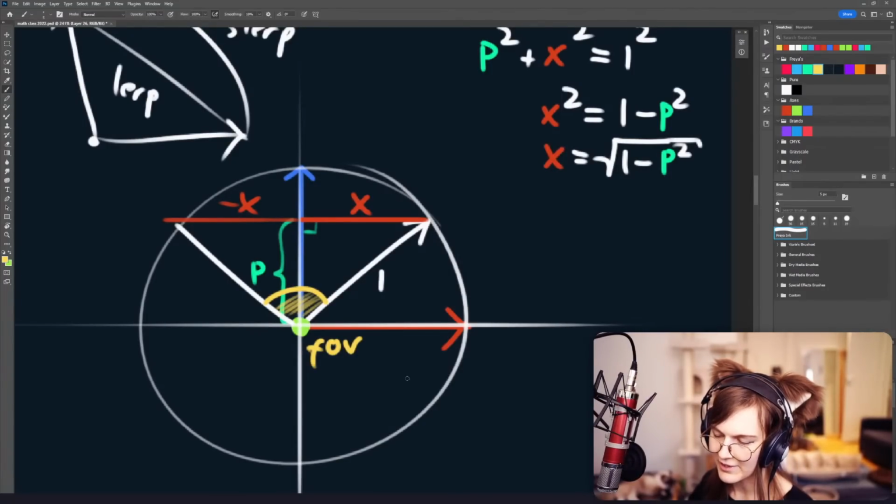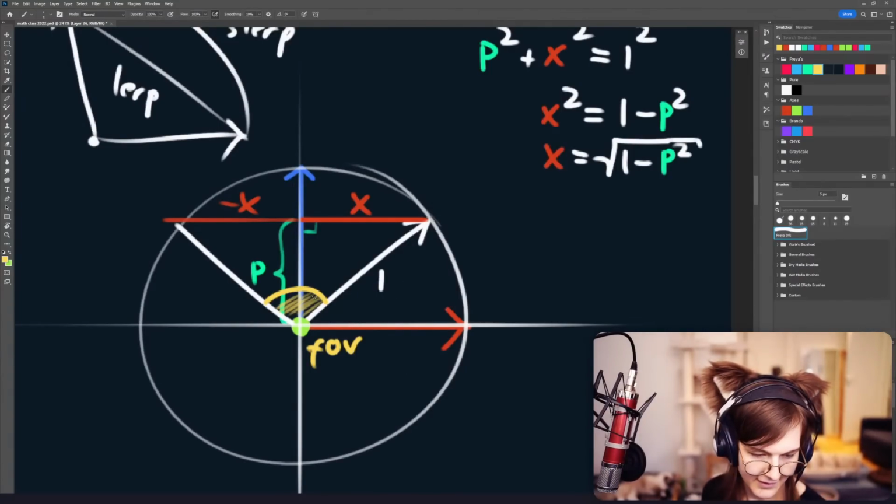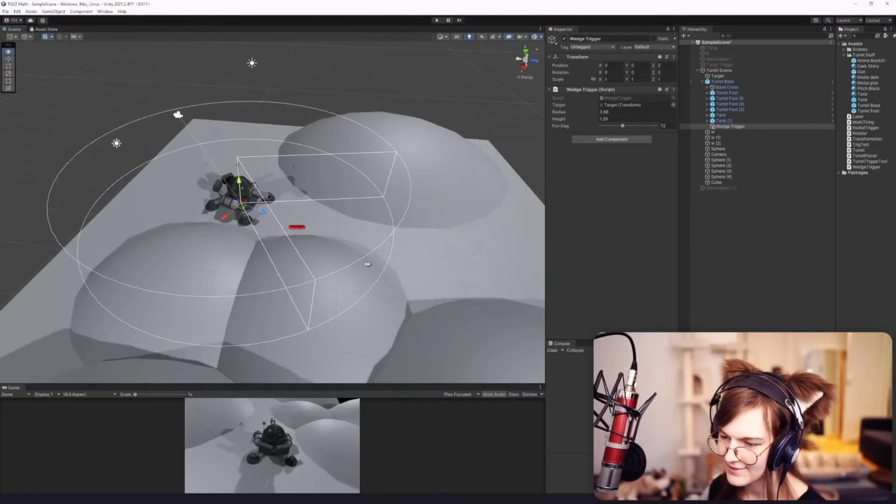What was the other thing we were going to fix? Oh yeah, the arc. We were going to do that. Yes, we're going to do only the slice now.